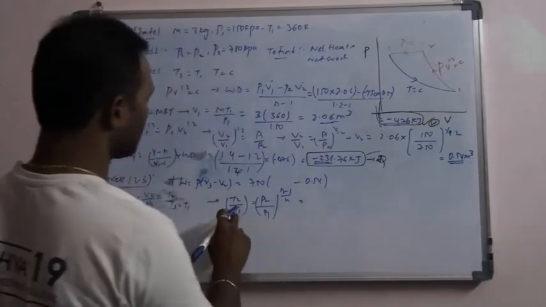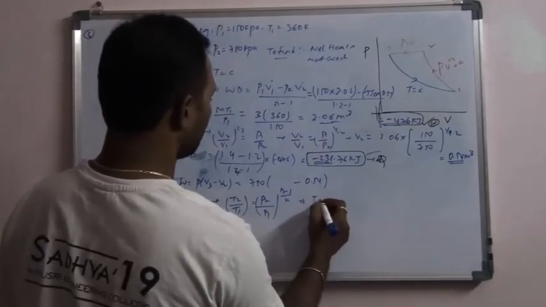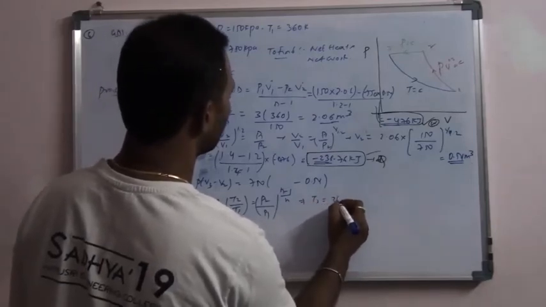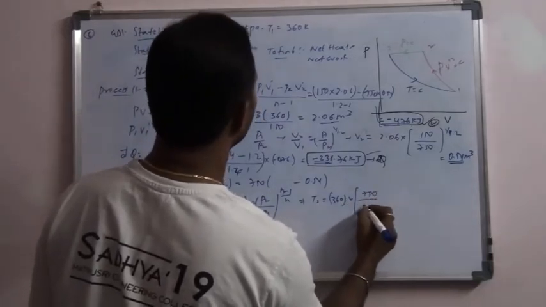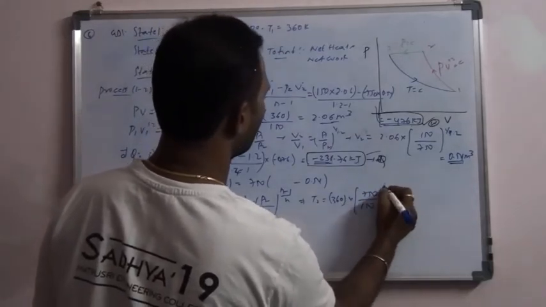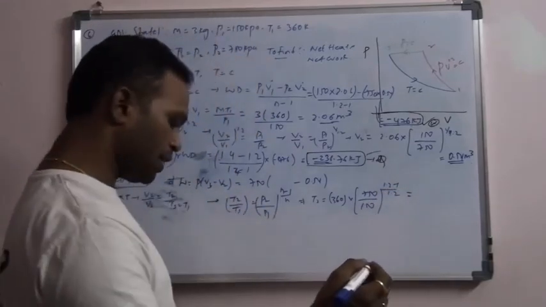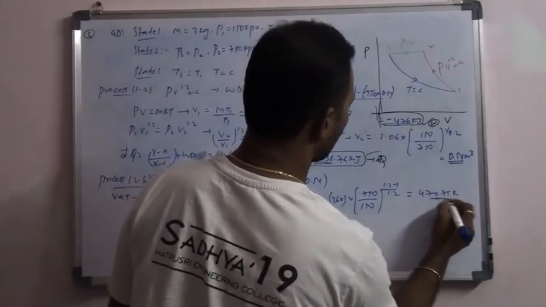So T2 is equal to 360 into (750 by 150) whole power (1.2 minus 1) by 1.2, which gives T2 as 470.75 Kelvin.